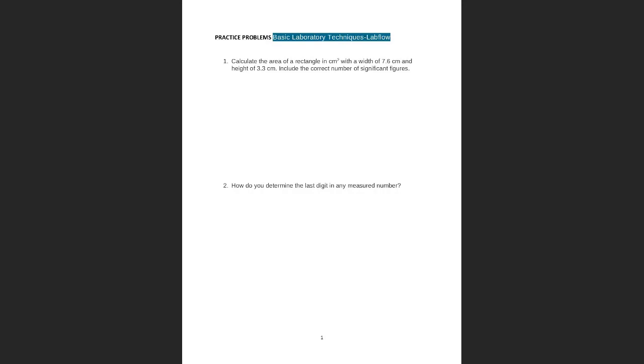Okay. So let's try to do this one, because this is similar to what you will have to do in the report. Let's read it. It says, calculate the area of a rectangle in square centimeters with a width of 7.6 centimeters and a height of 3.3.